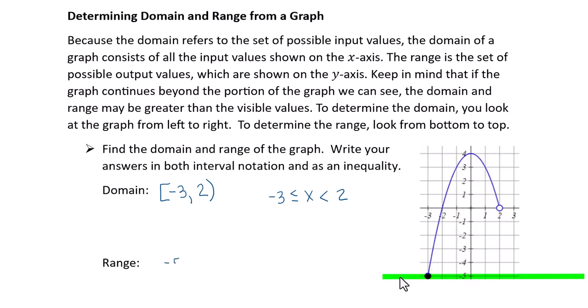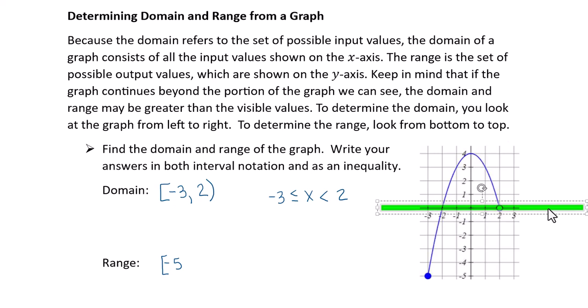So I have -5, and it is a solid filled in dot, so we can use a square bracket there, and we move the pencil up, rolling it, rolling it, rolling it. Now this is concerning. I have an open spot here at the x value of 2, but remember that this is about the range.